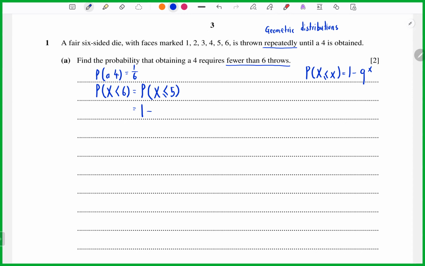So you take 1 minus 5 over 6 to the power 5, and you will get the answer 0.598.